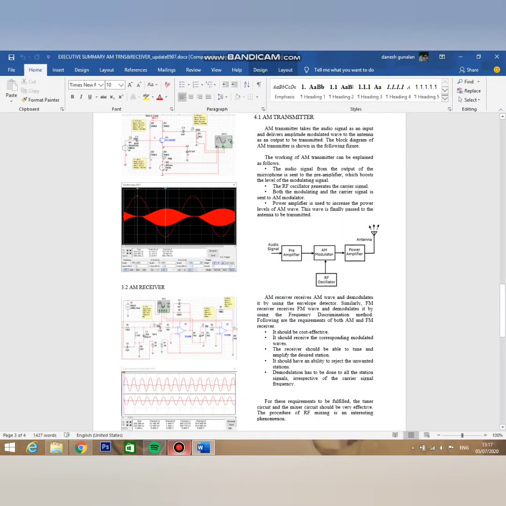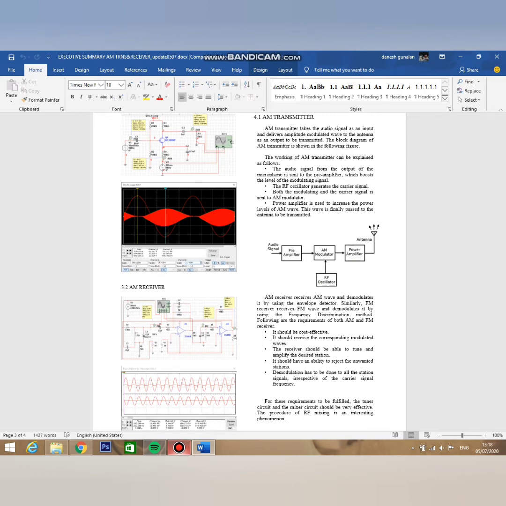For the discussion, there's a transmitter and a receiver. The transmitter basically takes an audio signal as an input and delivers an amplitude modulated wave to the antenna as an output. That's the transmitter's job. The audio signal from the output of the microphone is sent into the amplifier, which boosts the level of the modulating signal.